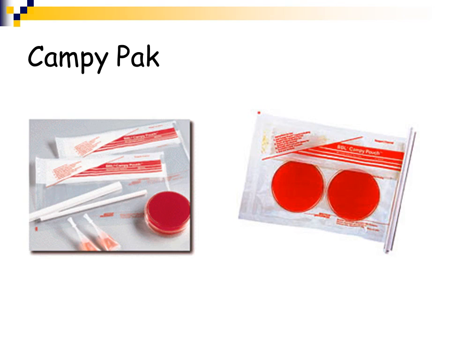Now, how you incubate your Campy blood media after you inoculate it. In most labs, they use what's called a Campy pack, and it looks like this. It's a little pouch that can fit 2 different plates. You inoculate your plates, you make sure that they're nicely labeled, you stick your plates in this pouch.